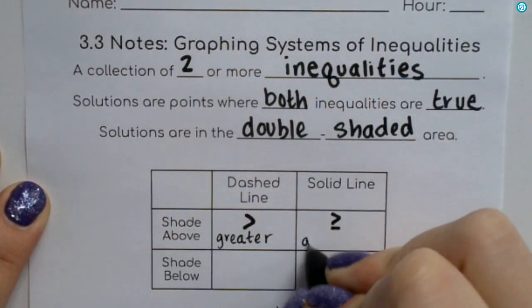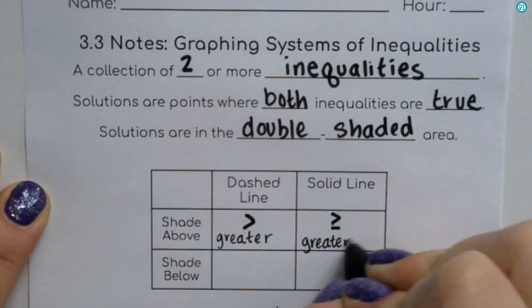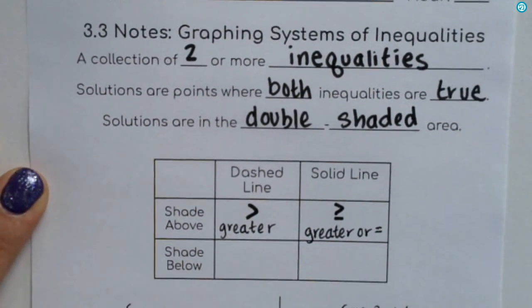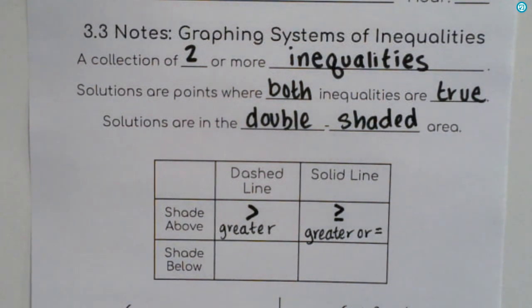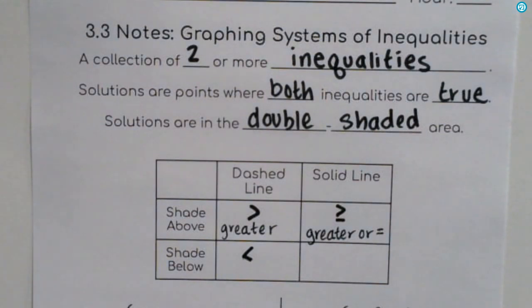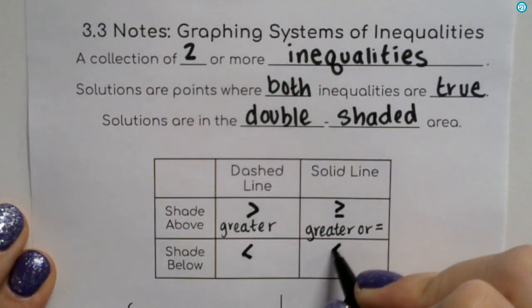Greater, greater or equal. We shade below a dashed line for a less than symbol.